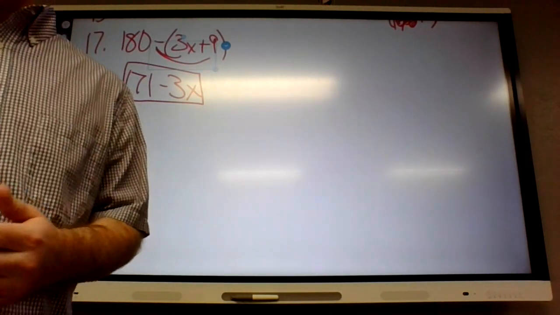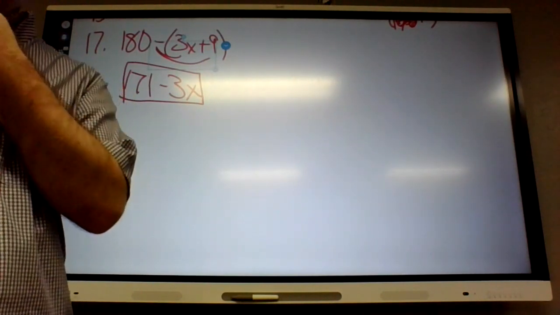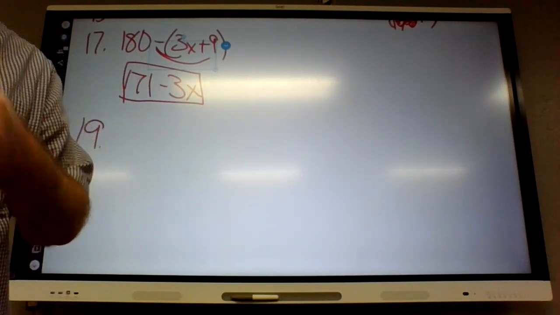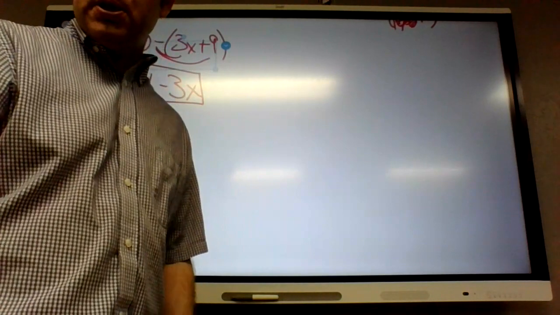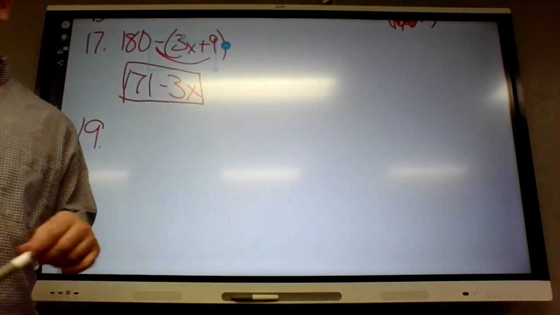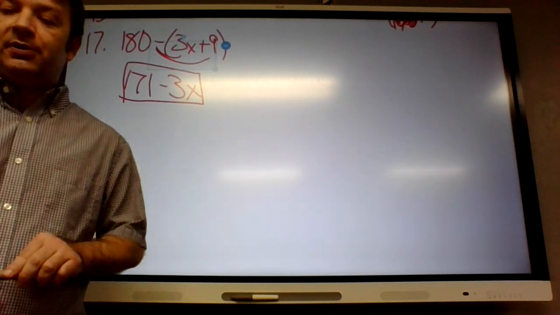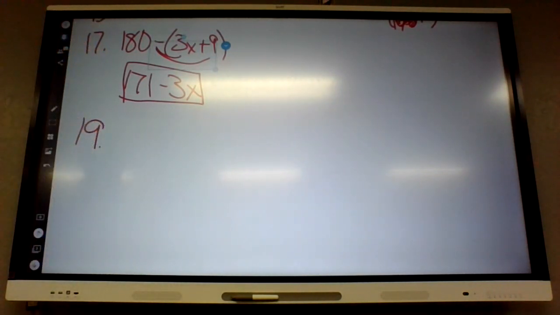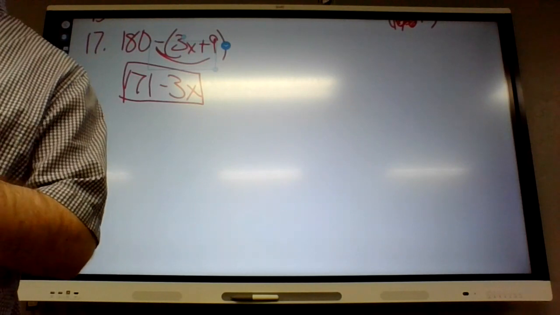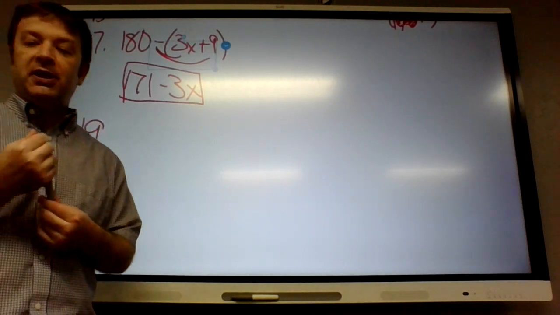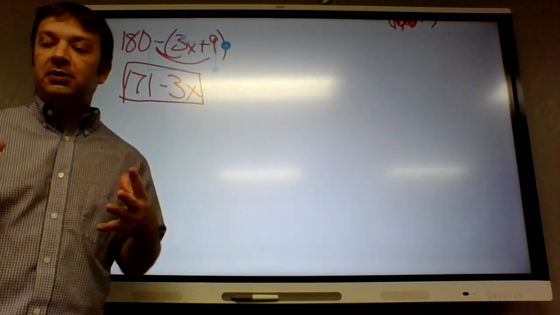Okay, number 19, a similar picture. Another one. This time they changed the numbers. I don't think I'm going to draw it this time. Number 19 is talking about angle 5 and angle 7. What kind of angles are they in that picture? Corresponding, and so they should be equal.